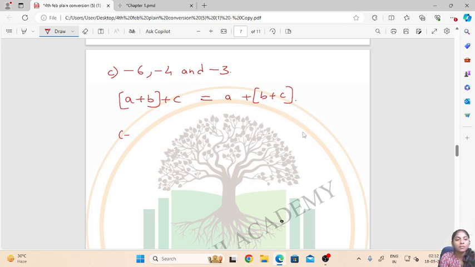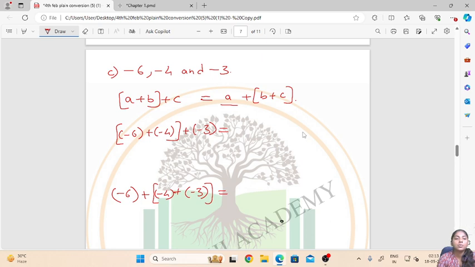So first we have (minus 6 plus minus 4), close the bracket, plus minus 3. Then this part we have as minus 6 plus (minus 4 plus minus 3).